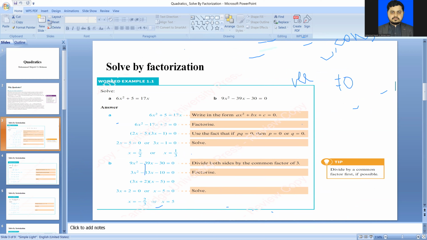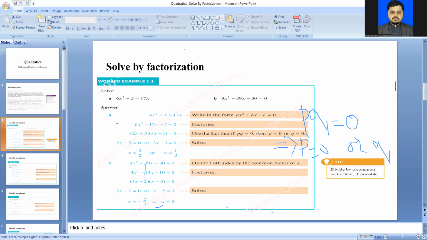So there is a special property of those factors which enables us to solve for the values of the variable, and this property is: when the product of two linear factors PQ equals 0, what does this imply? Either P equals 0 or Q equals 0.